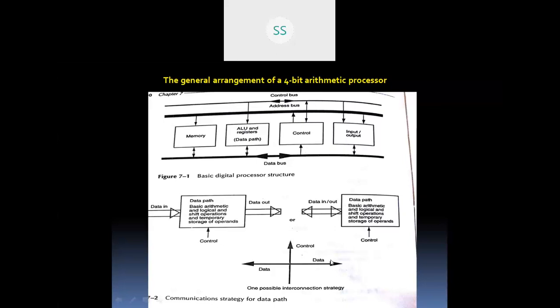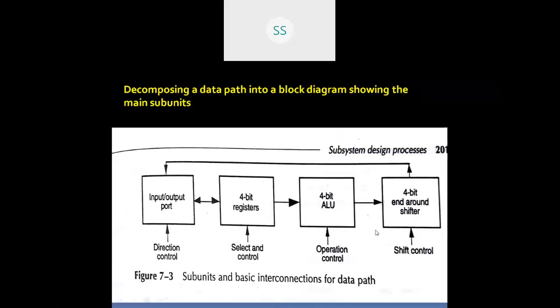We can see how the data is applied at one port and comes out at the second port, and this is an alternate arrangement, a single bidirectional port, if storage facilities exist in the particular data path. And control over some functions may be achieved by using the control signal.